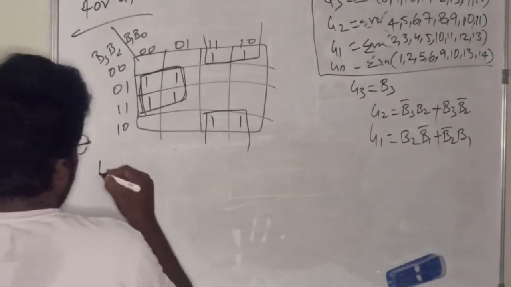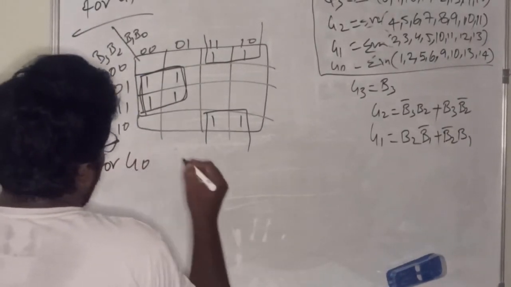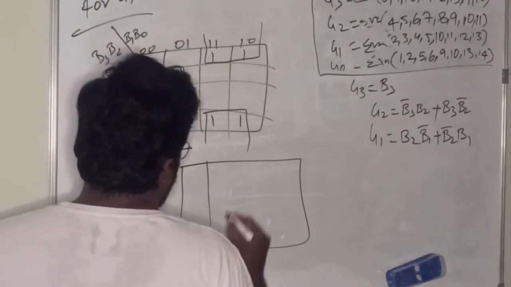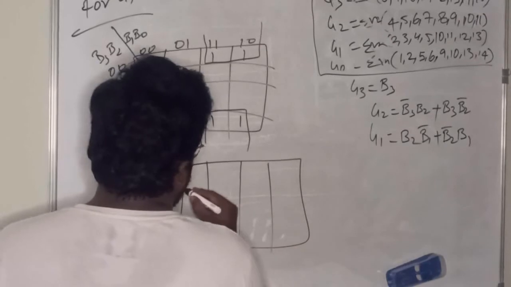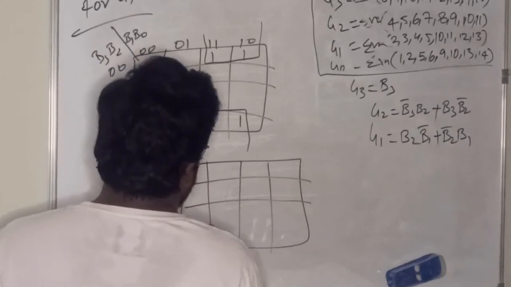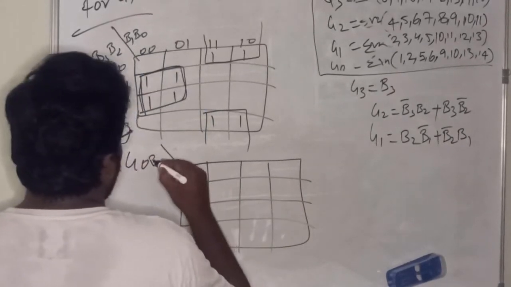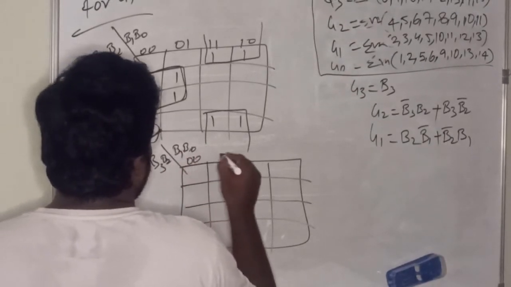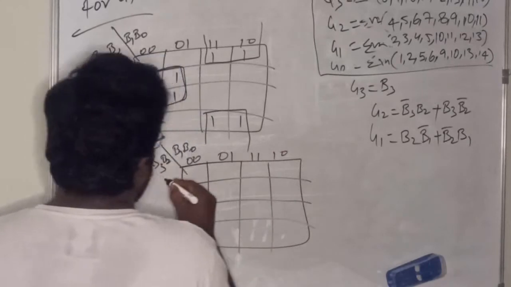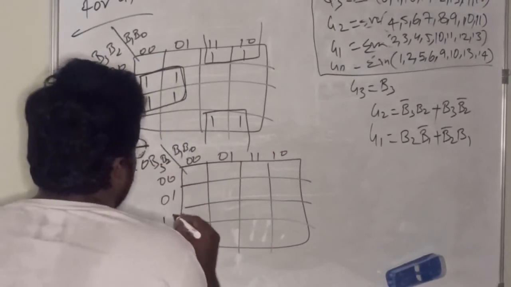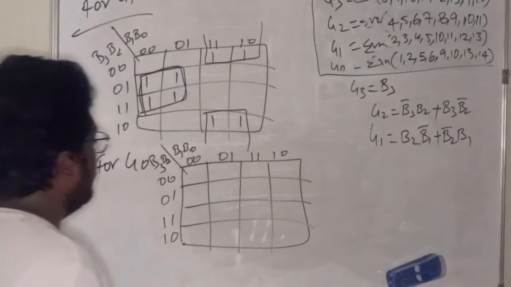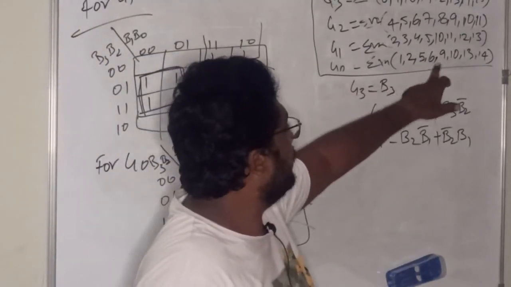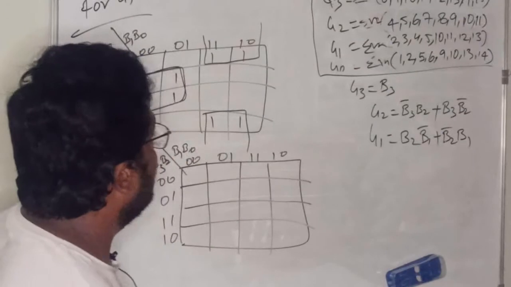So now for G0, the minterms are 1, 2, 5, 6, 9, 10, 13 and 14.